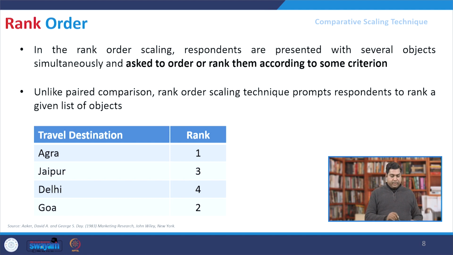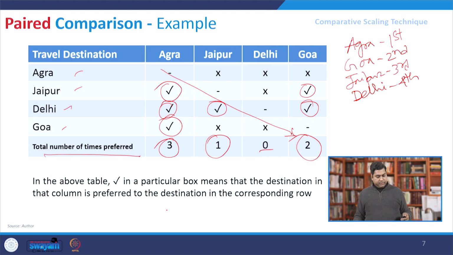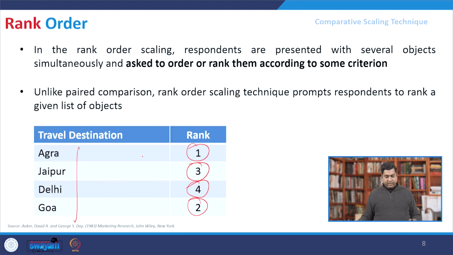I am ranking these 4 tourist destinations where Agra in this case is rank 1, then Delhi the fourth, Jaipur third, and Goa 2. Why Goa 2? Because in the same example, Goa was preferred 2 times and Agra was preferred 3 times, so with the number of preferences this can be ranked.